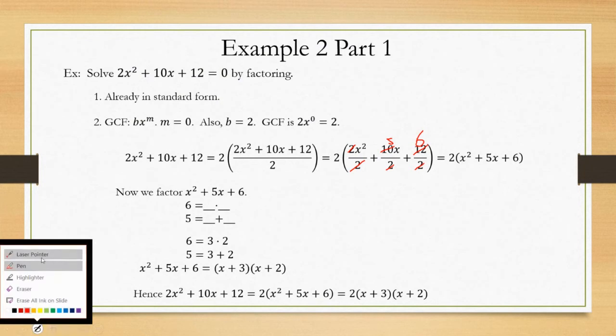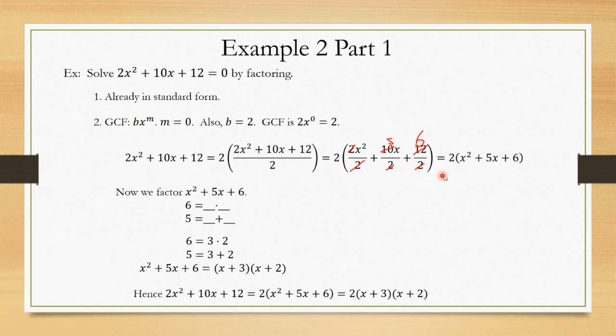So what do we get? We get 2 times x squared plus 5x plus 6. Good. So we factor now the trinomial inside.